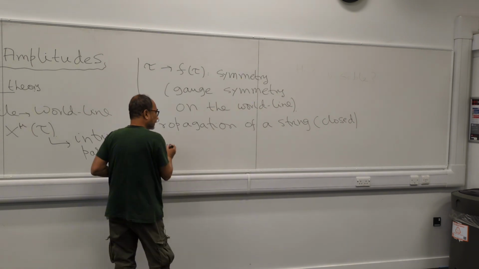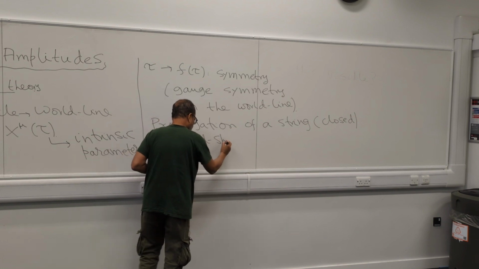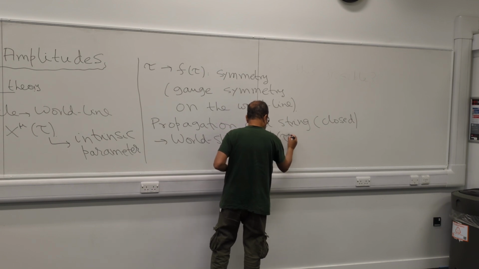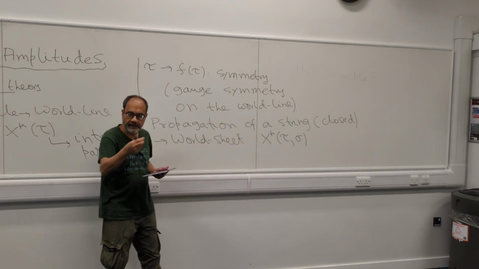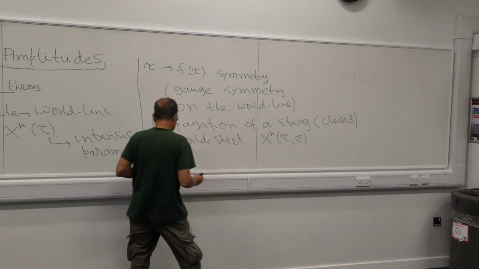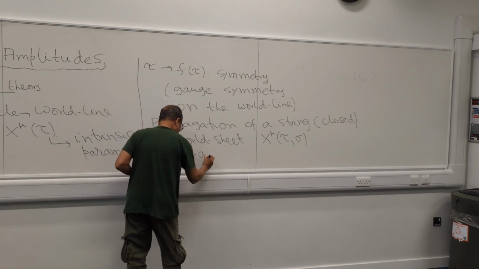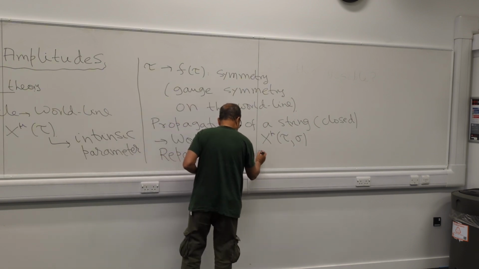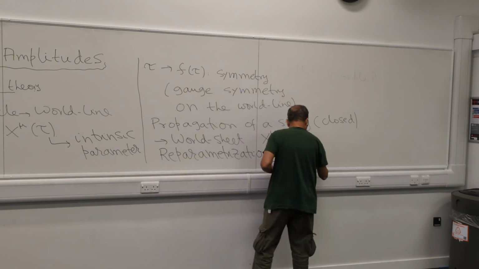So propagation of a string describes a world sheet, and this means that we have to specify x mu now as a function of two variables tau and sigma, because as a string moves it's a two-dimensional surface and you have to specify x mu at each point on the two-dimensional surface. And again reparametrization of tau sigma is a gauge symmetry.